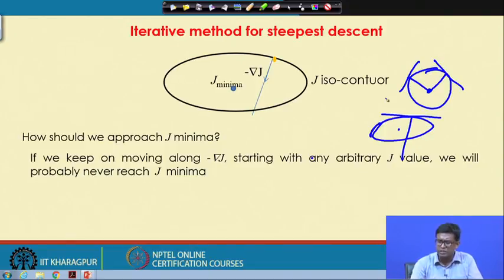However, we can see this if we draw the j isocontour, that means j is constant here. So, minus grad j is normal to that. We can see that up to a certain level j will reduce, because j is initially reducing here, and there will be a local minima on this line. We will go up to there and then see how we can move again.